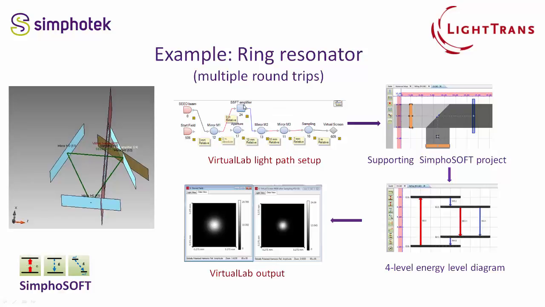The amplifier is where we're going to include SimphoSOFT and run SimphoSOFT from VirtualLab. To use the programs together, you set up a supporting SimphoSOFT project with the beams, in this case a pump beam and a seed beam, and an energy level diagram. In this case, we're going to use the 4-level model for neodymium. And you get an output in VirtualLab.